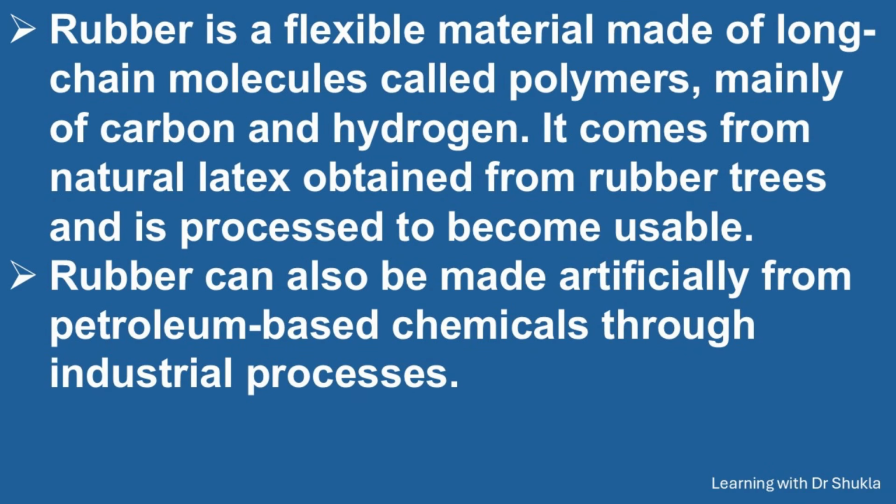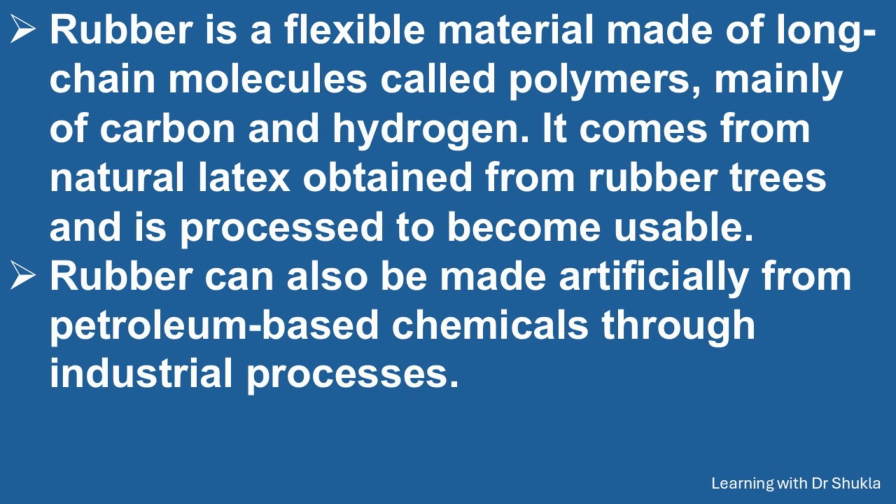Rubber is a flexible material made of long chain molecules called polymers, mainly of carbon and hydrogen. It comes from natural latex obtained from rubber trees and is processed to become usable.